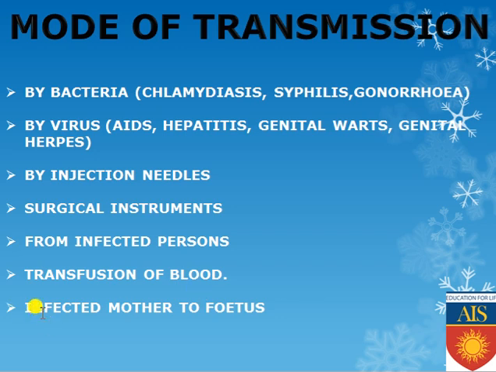And the last one, that means if any mother is getting infected, obviously if a fetus is present within the mother's womb, then the fetus also can get affected by this kind of sexually transmitted disease, because through the placenta the disease causing agent will be getting transmitted from the mother to the fetus.